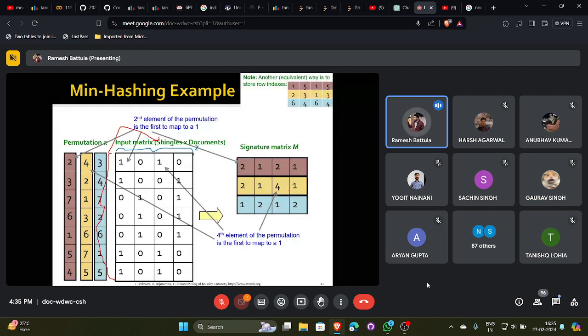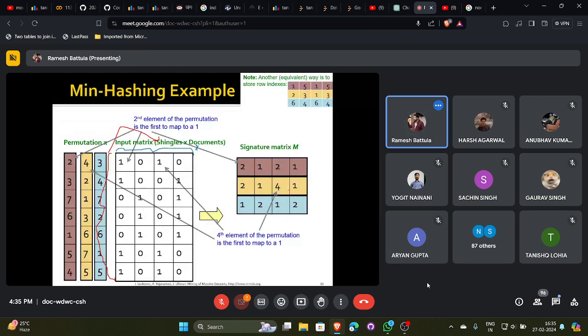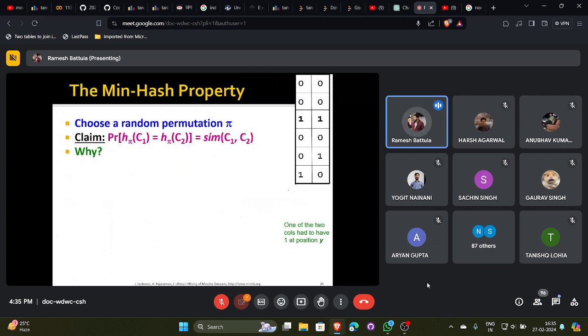Another equivalent way is the row indexes 1, 2, 6, 5, 3, 4. In such a way we develop the min hash property.